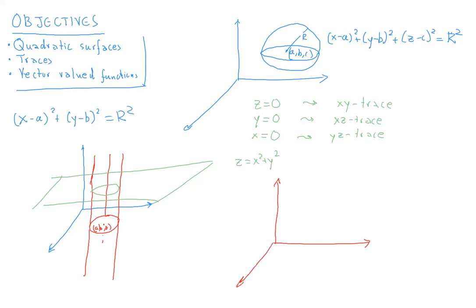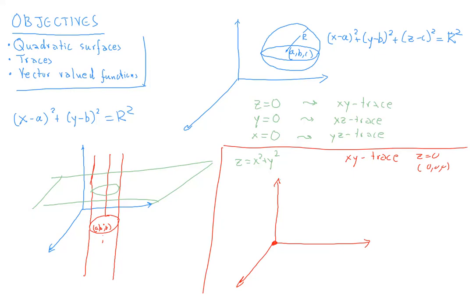And then if we take the xy trace, which is obtained by z equals 0, the xy trace is not all that interesting. It's just a point. It's the point (0, 0, 0), the origin. So that doesn't give us too much.